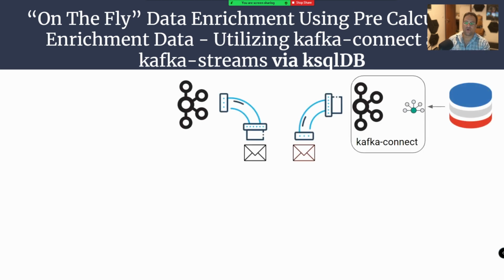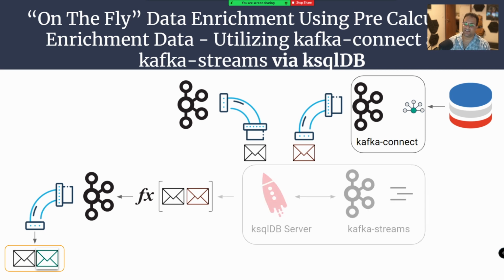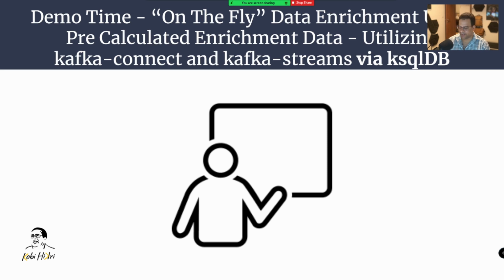Again, we have raw data coming into our Kafka topics, and we have data coming from Redis using our source connector, and we have an enrichment function to apply on these messages, and we want the result to arrive at an enriched data topic. This time we are going to have KSQL DB server manage our Kafka Streams applications. Let's see how it's done.